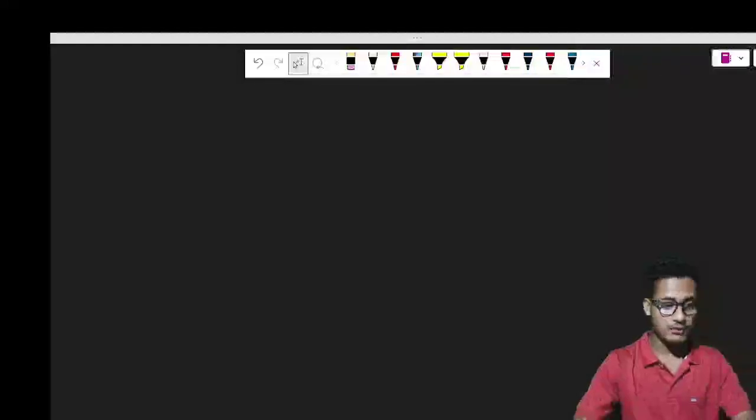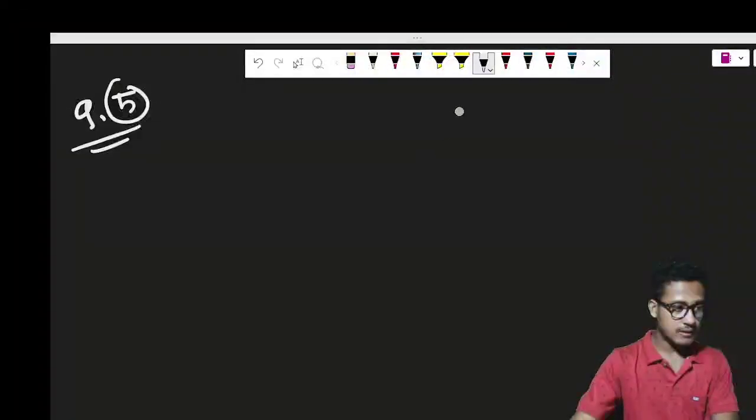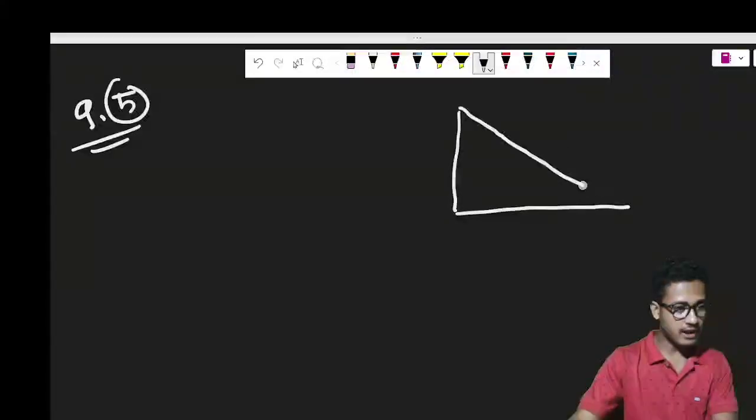Okay, look. If this is a right angle triangle, this is base, this is perpendicular, and this is hypotenuse.